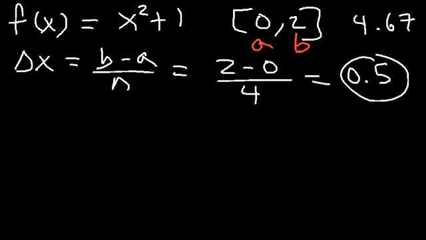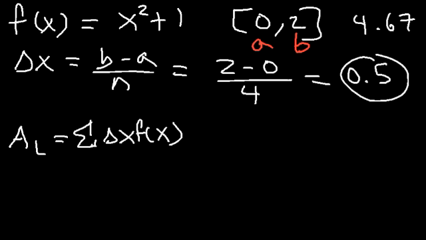So let's find the area using the left endpoints. So this is going to be the sum of delta x times f of x, and delta x, we said it's 0.5, but I'm going to write out the function first.